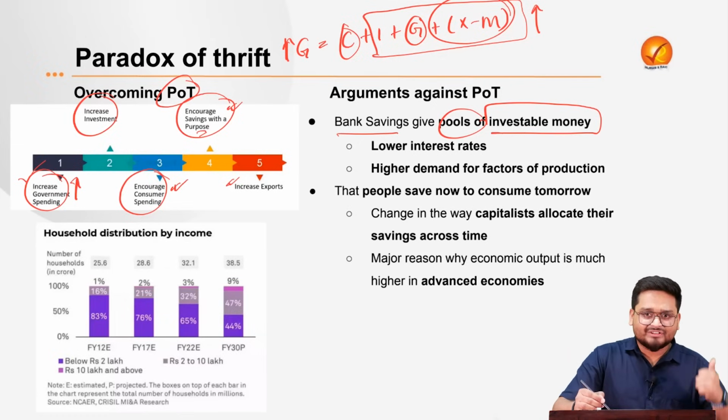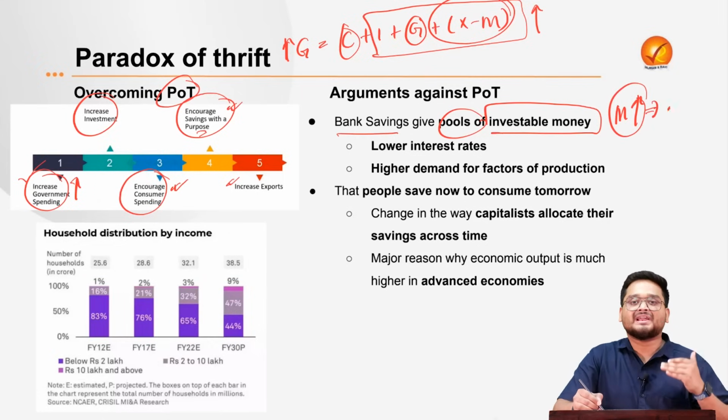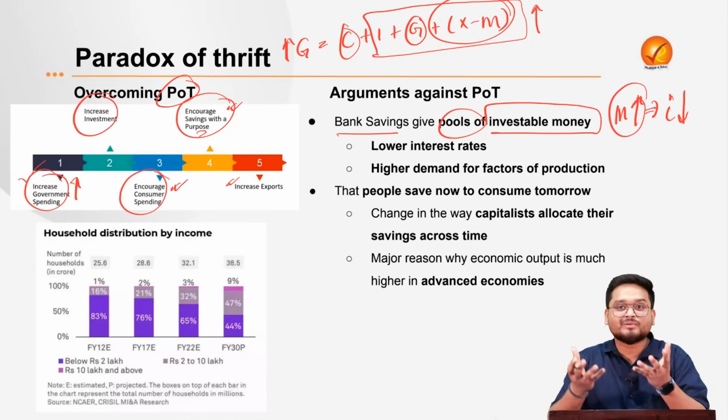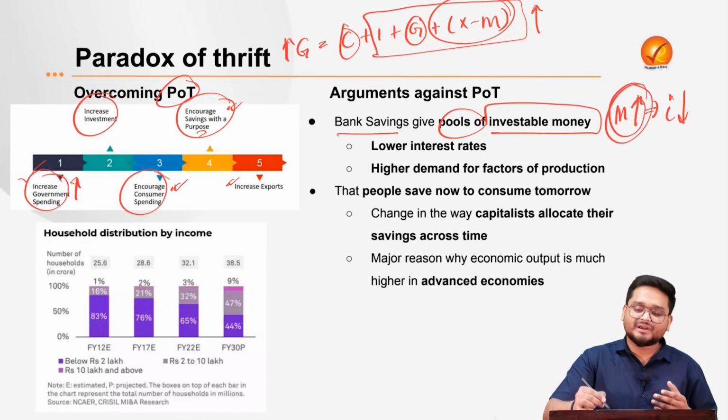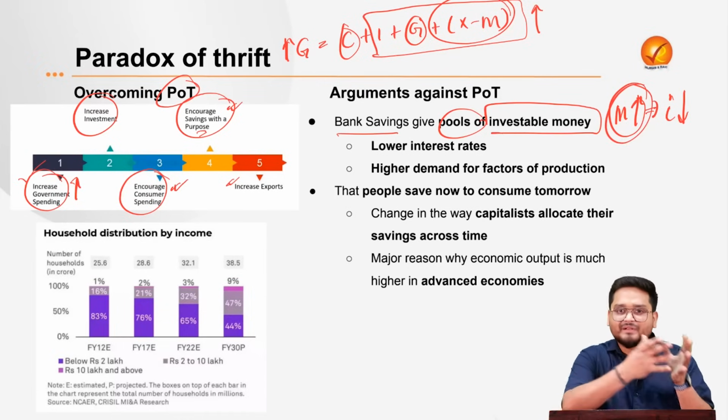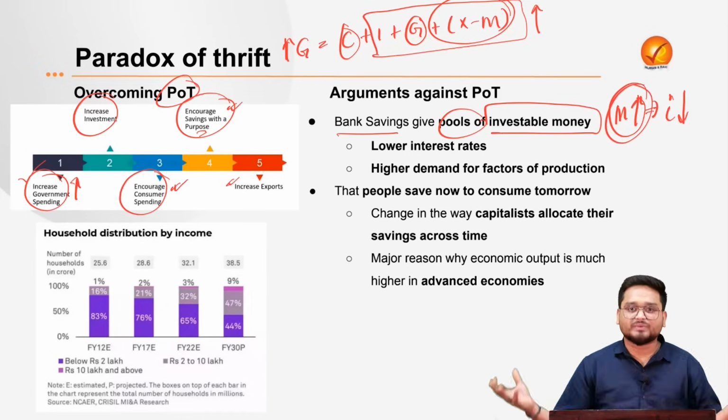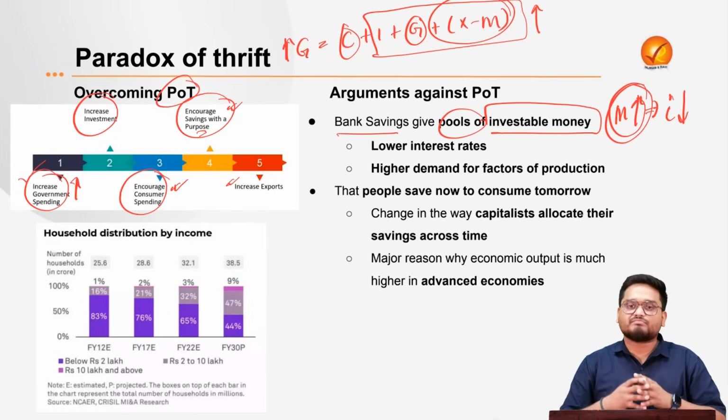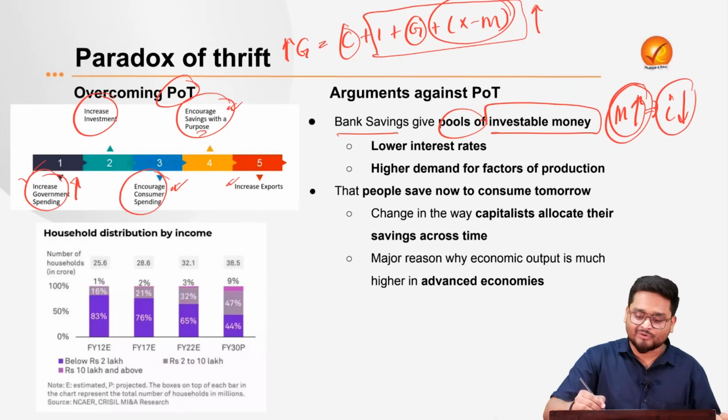So whenever the banks have more money with themselves, the banks can afford lowering the interest rates. So the interest rates will be coming down because the supply of money, or the funds of the people's deposits, is too much. So when the banks have much money, they can easily afford lesser interest rates.